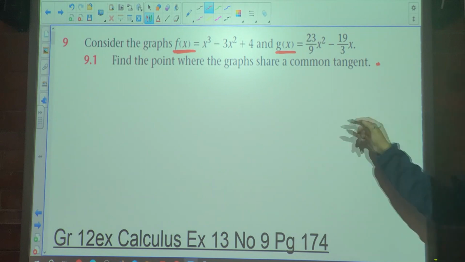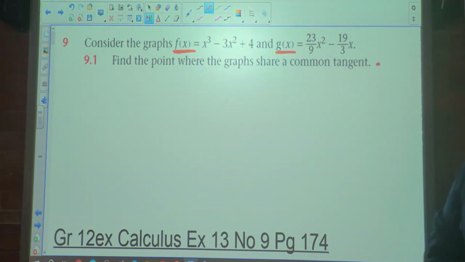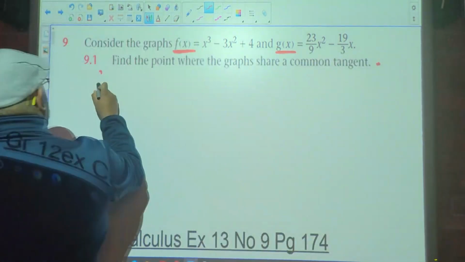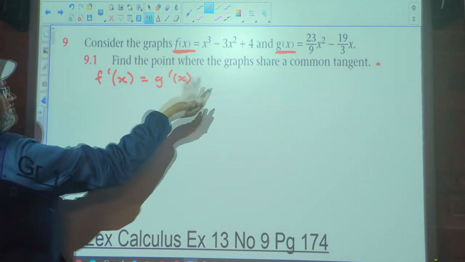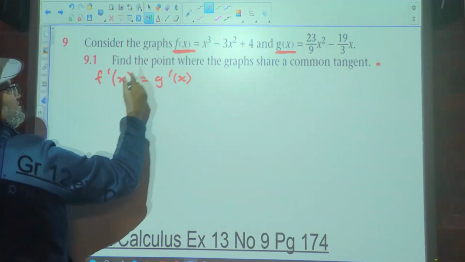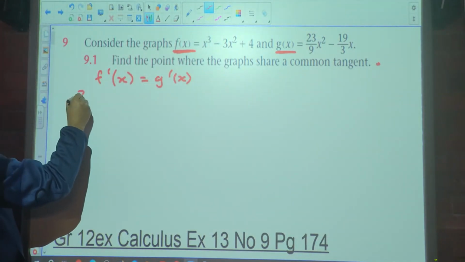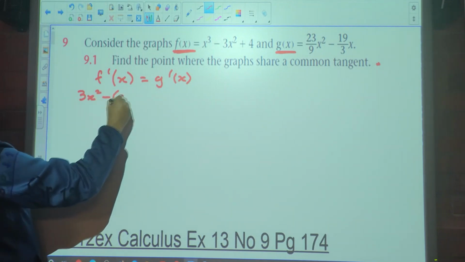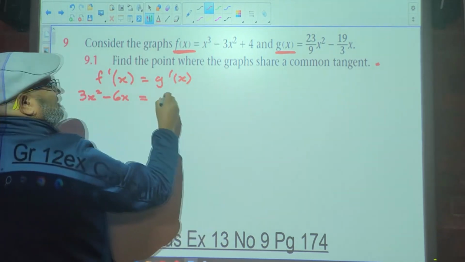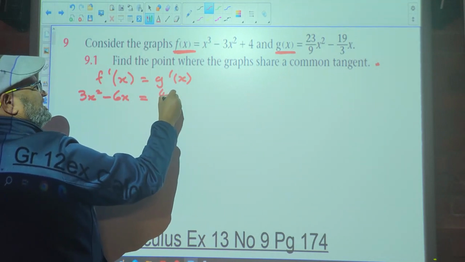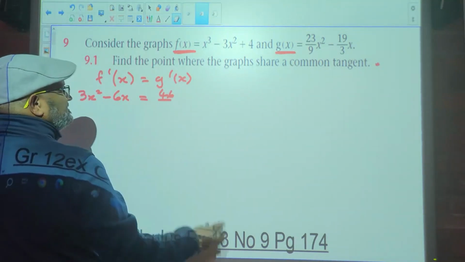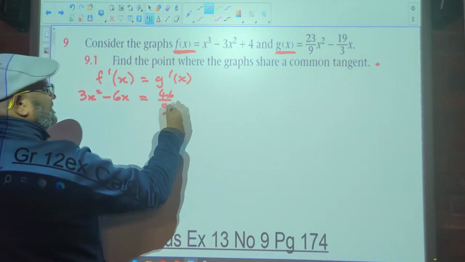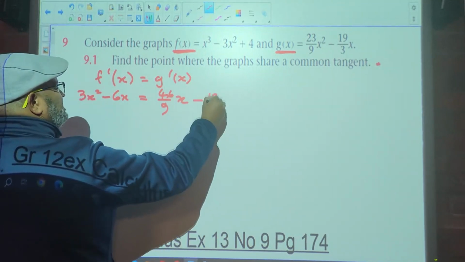And with that, we can calculate the corresponding y value. Find the point on the graph there. So we're going to say f prime x is equal to g prime x. The gradients are equal because it's the same gradient. So I apply my derivative to f of x, I get 3x squared minus 6x should be equal to 46 over 9 x minus 19 over 3.